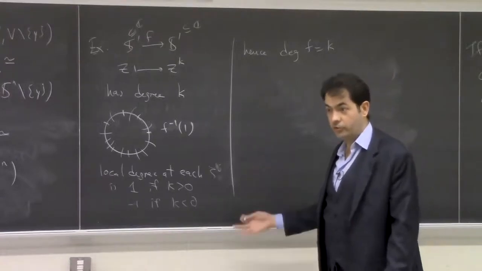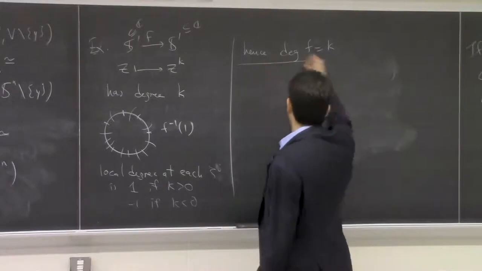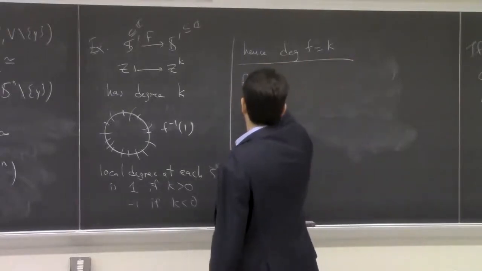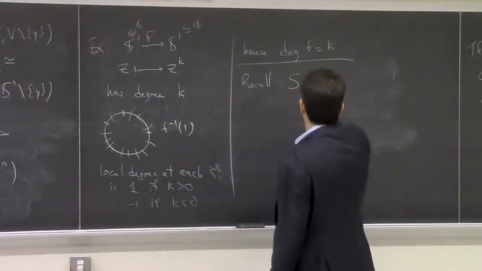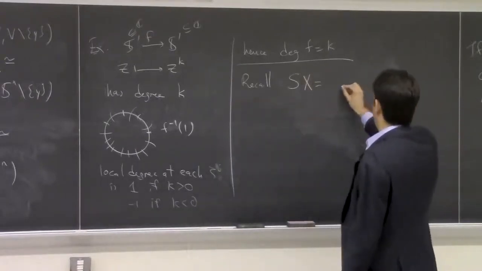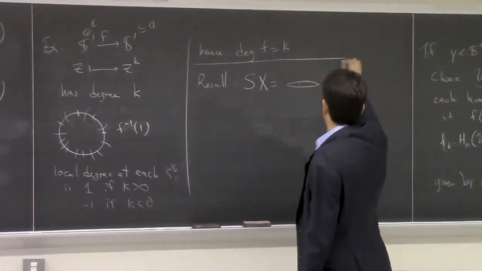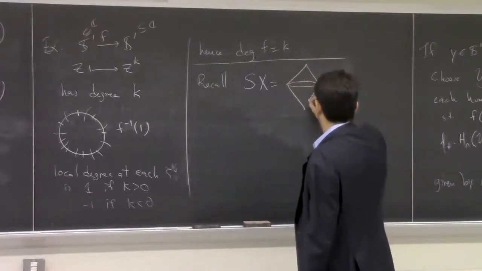So now to do this for S^n, there's a trick, which is to suspend. Recall from chapter 0, the suspension of a space is what you get from taking that space and coning, say, up and coning down.